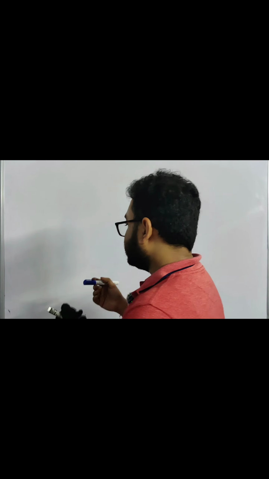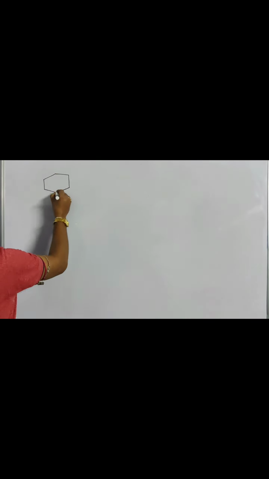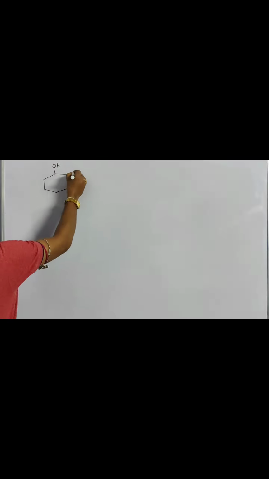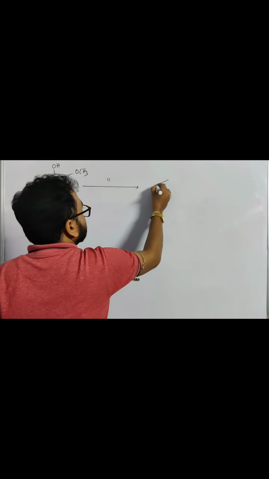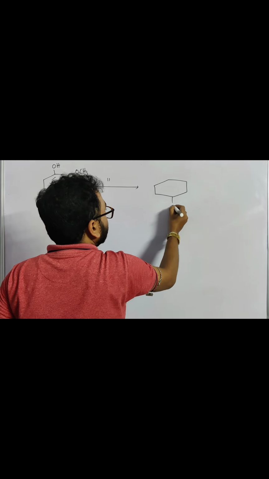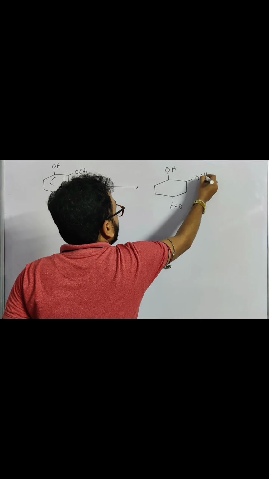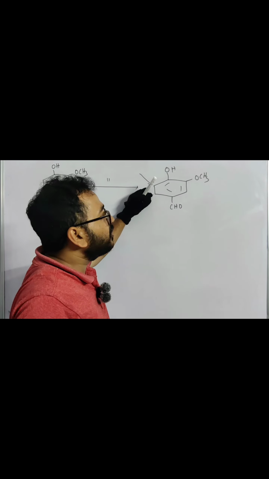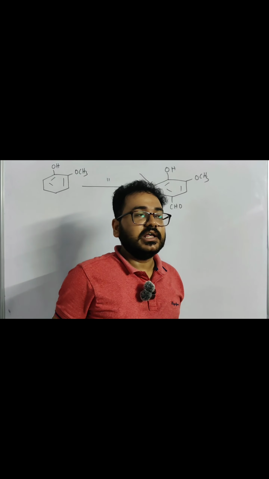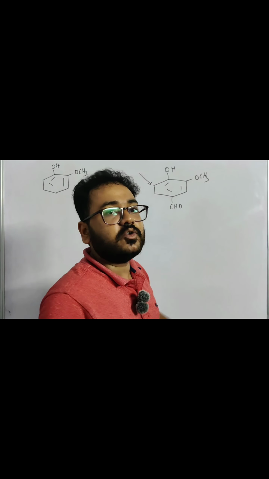Now we will learn about reactions with this reagent. If the ortho position is blocked, then the CHO group will be at the para position. Why, sir? This ortho position is free, so why not this position? If you put the CHO group at this position, three consecutive groups are there, which makes steric congestion.